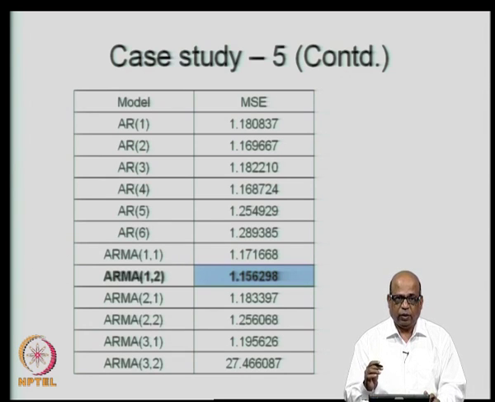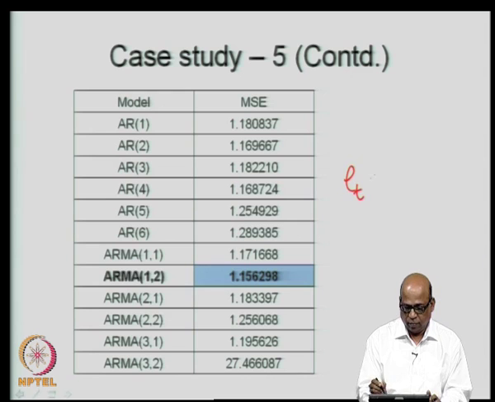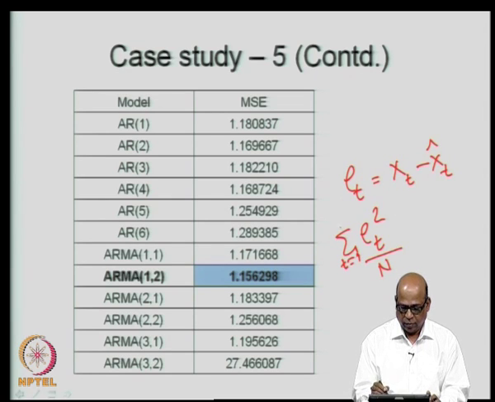That gives the error E t. So here we get E t as x t minus x t cap. This is the forecasted value, this is the actual data, and we are doing this for the validation period. Then we take E t square divided by n, t equal to 1 to n. This is how you get the mean square error for the validation period.